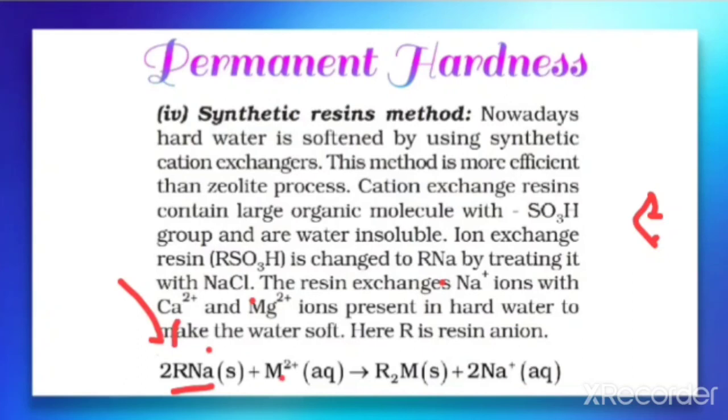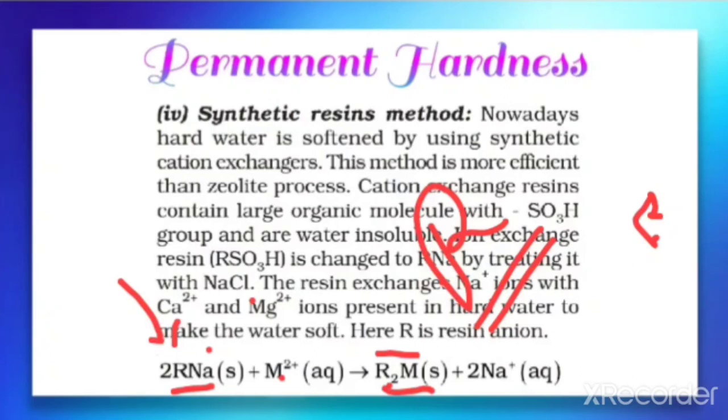Now what happens when the magnesium ion or calcium ion is treated? It forms R2M. That means now the metal ion is in combination with the resin. Here R represents the long or large organic molecule. So the metal ion gets exchanged.